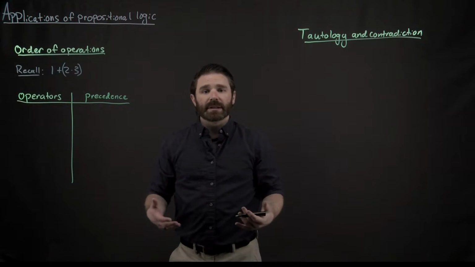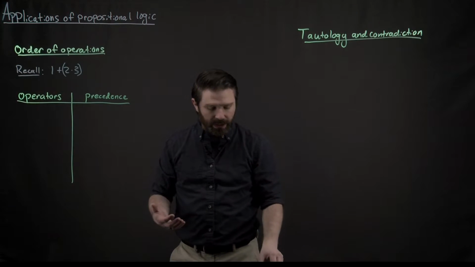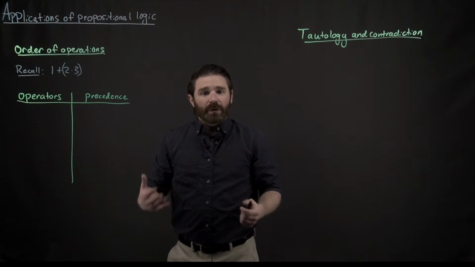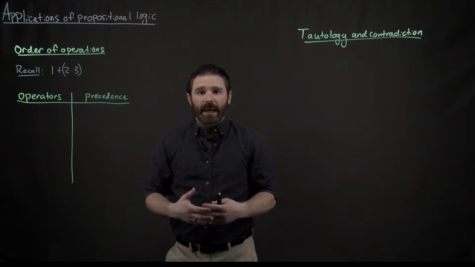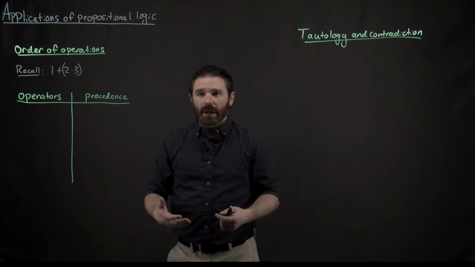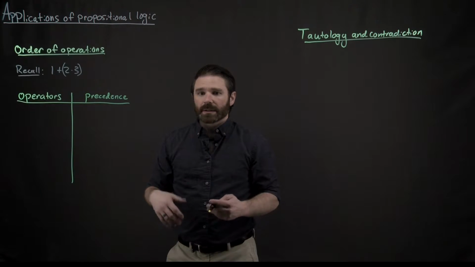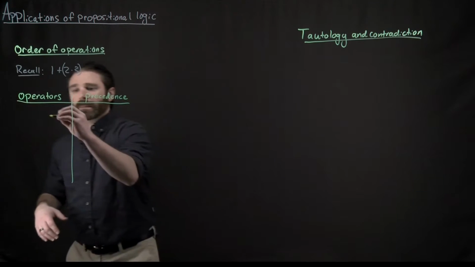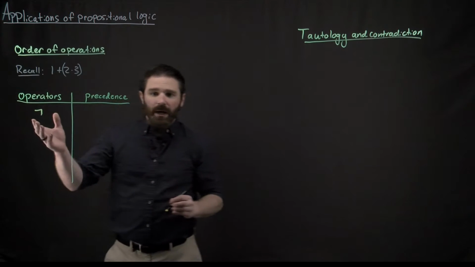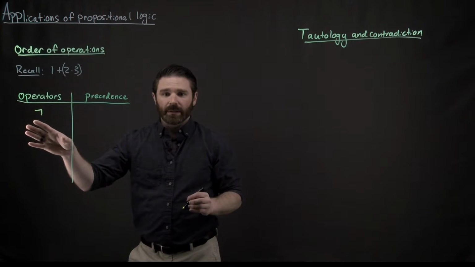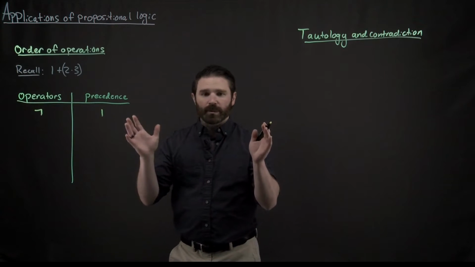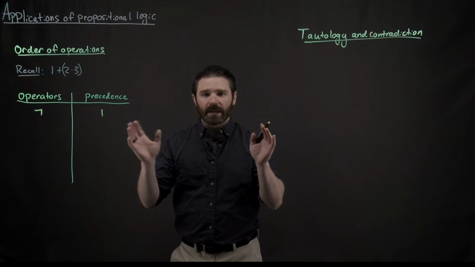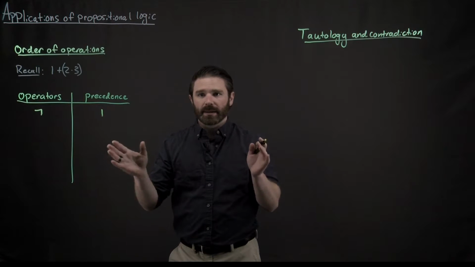Basically, which one of these should you apply first? Of the propositional logic operators that we have introduced so far, here is the following list. So not trumps everything. So it has precedence 1. It is first priority. That is the first thing that you are going to apply, is the not symbol.